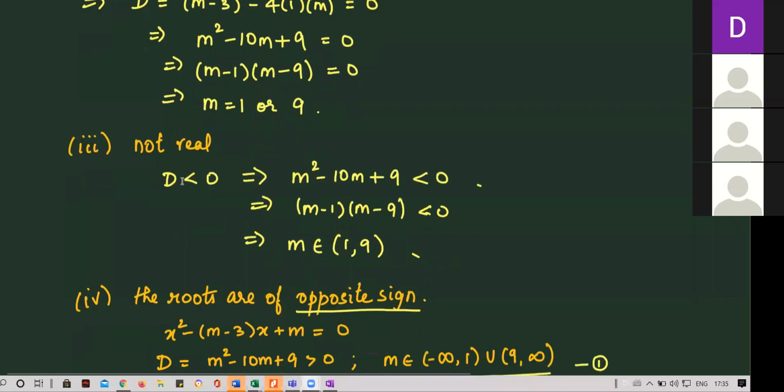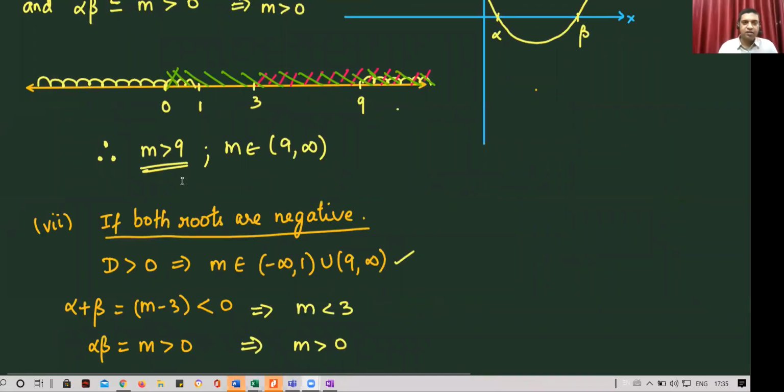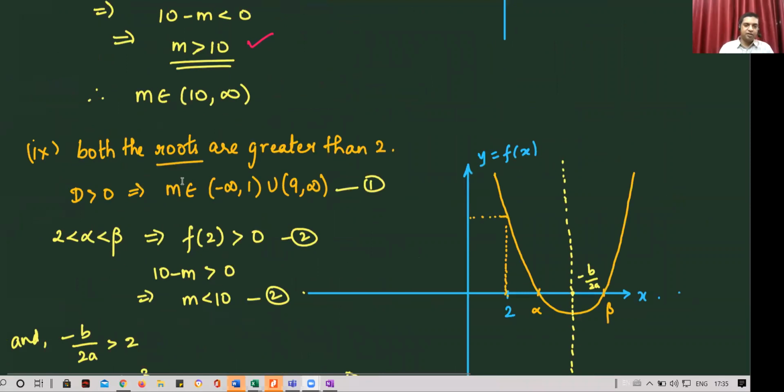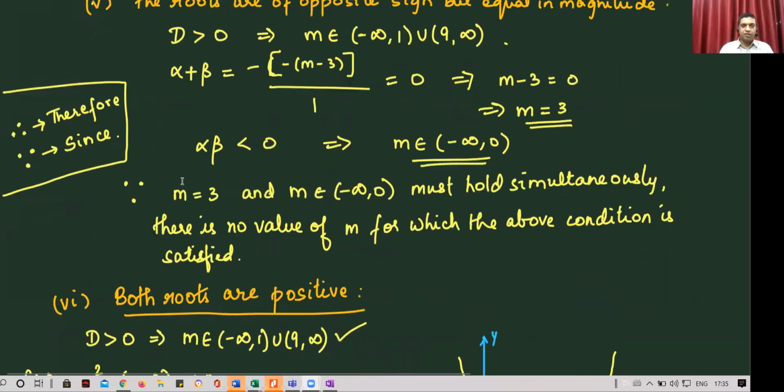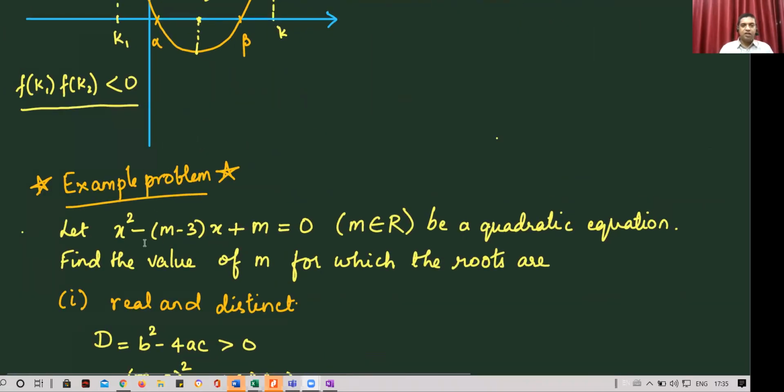Okay, now I share the screen and I'll continue what we did yesterday. So we were doing a problem for this quadratic equation, x square minus (m minus 3)x plus m.